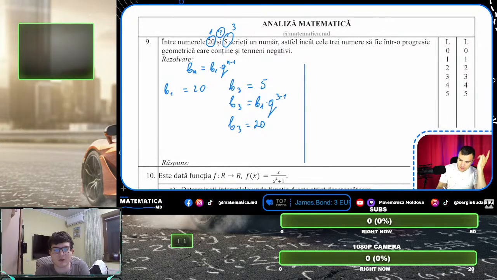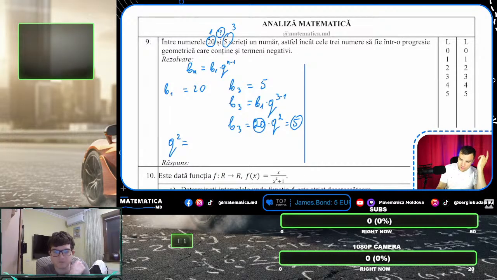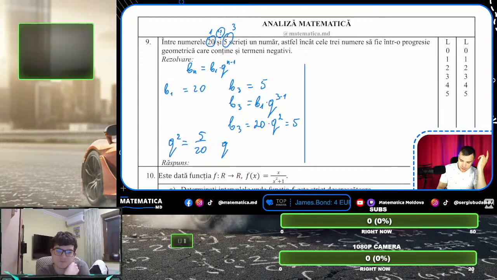So q squared equals 5 divided by 20, so that is 1 divided by 4.